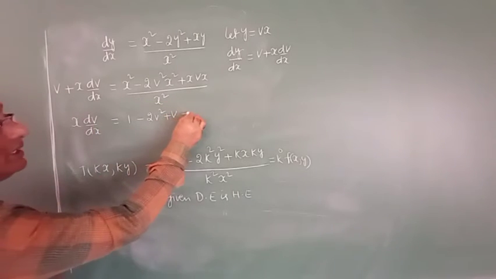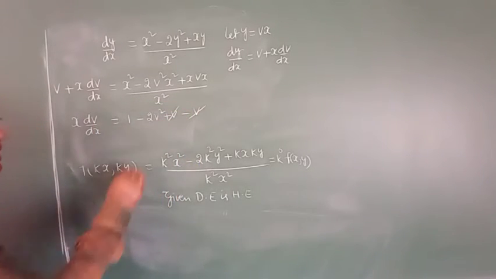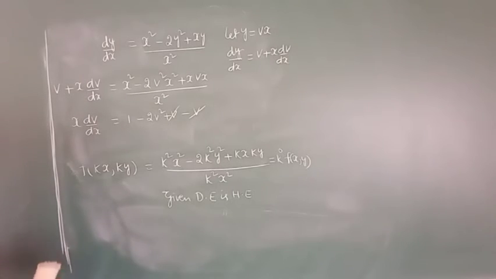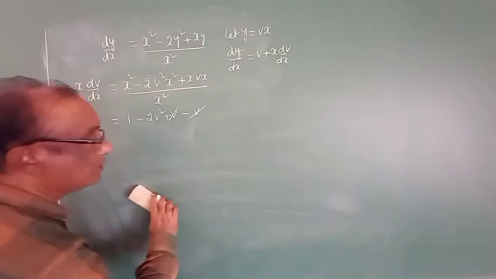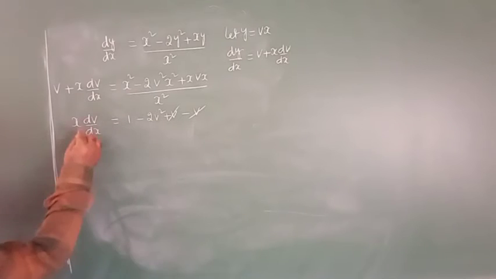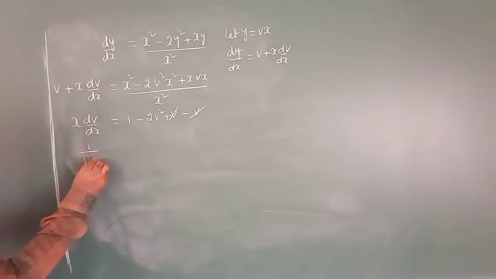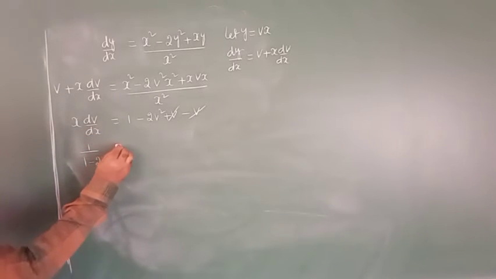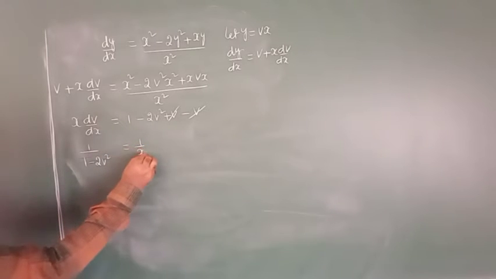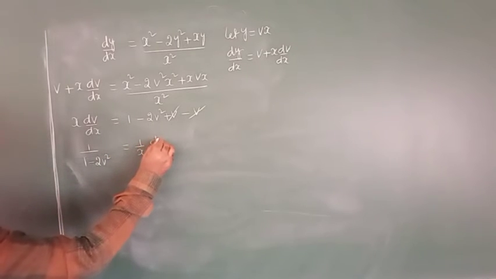Bring v to this side as minus v, both v terms are cancelled. Right, everyone, now separate: 1 by 1 minus 2v square is equal to 1 by x into dv by dx.